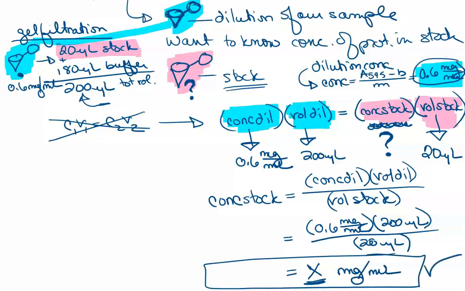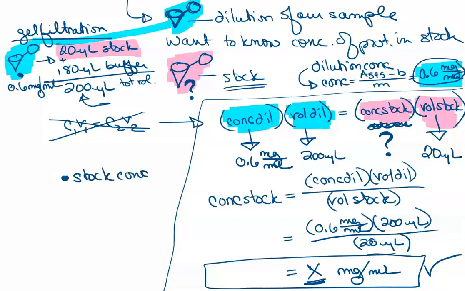Okay, and then you're going to use this same process to figure out the stock concentration of your column fraction, and you will use whatever the particular dilution was for that fraction. Note that it's different for gel filtration versus ion exchange.